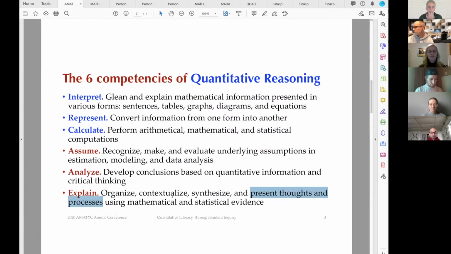So if you stop for a second, you say, well, what's the best way to test or assess whether students can do these 6 things? A traditional quiz or test really doesn't fit the bill. If you want to see if students can do statistical thinking, then you should have them do a statistical project.